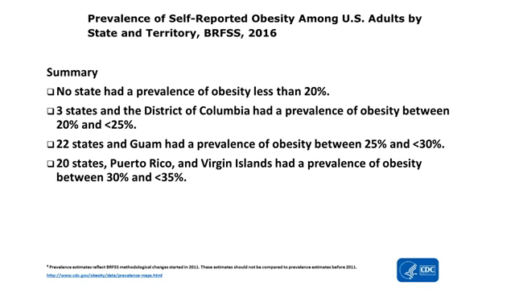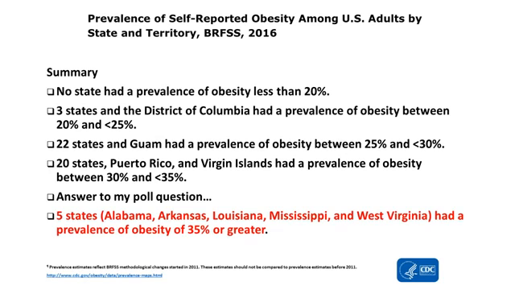Puerto Rico, the Virgin Islands, and 20 additional states had obesity rates between 30 to 35%. And the answer to my poll question is 35% or greater, which are only 5 states, and that's Alabama, Arkansas, Louisiana, Mississippi, and West Virginia.